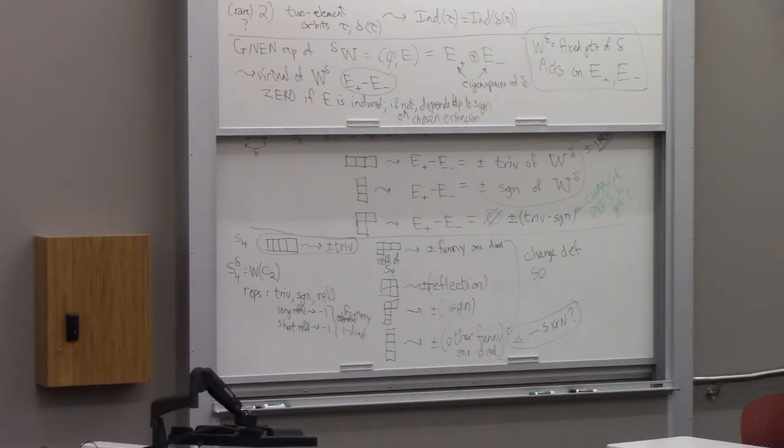And I believe that the theorem is that E plus of 1 minus E plus of minus 1 is plus or minus an irreducible of the Weyl group of BCN in the dominoes case, and it's 0 otherwise.